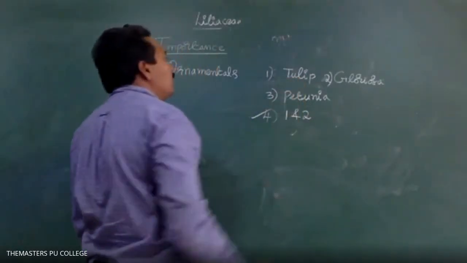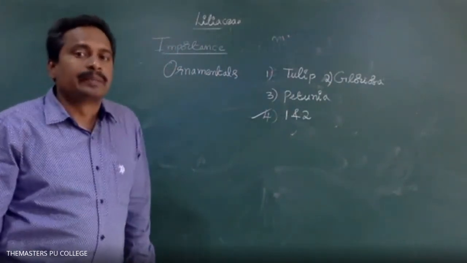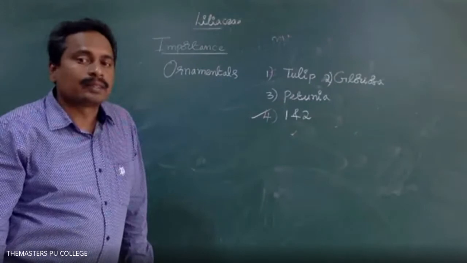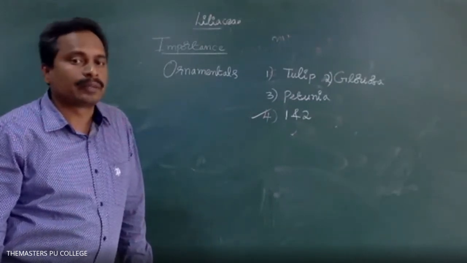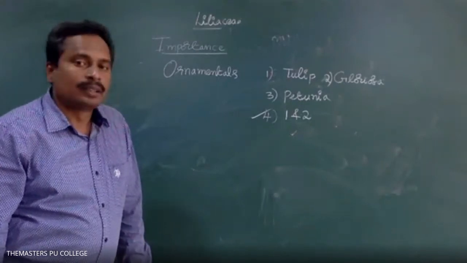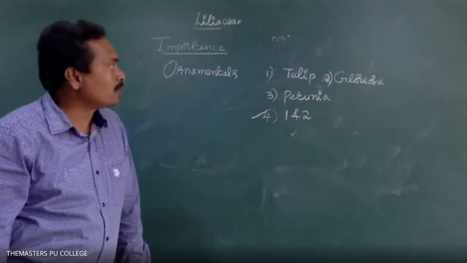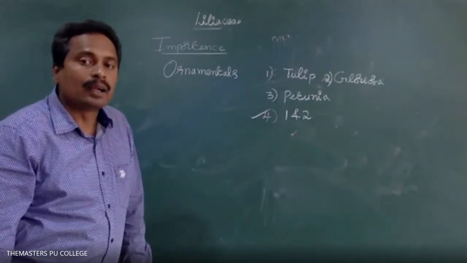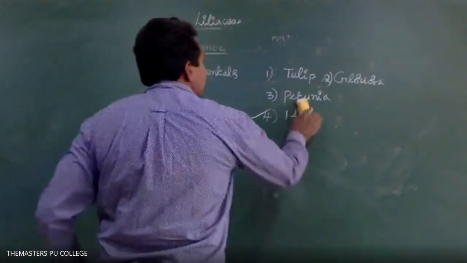Option 4 is the correct answer. In theory, from the subjective point of view, write the importance of the Liliaceae family. From the objective point of view, the Liliaceae plants cultivated as ornamentals are tulip and gloriosa. The fourth option is the correct answer.